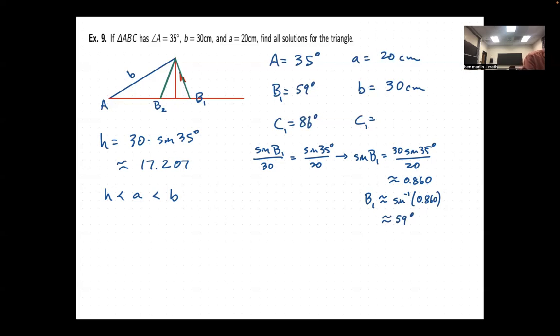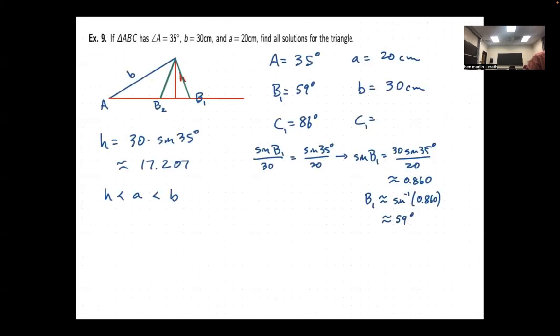And now we're going to have to figure out the side that remains using law of sines again. Okay. But we need more space to write in because we've run out of space. So let me put an extra page in there, and I am going to write down that we know sine of C1 over little c1 needs to be, and I'm going to do sine A over A for reasons we talked about in class. It's better to use something that you didn't have to approximate as you went along.